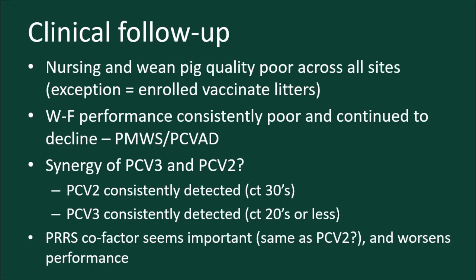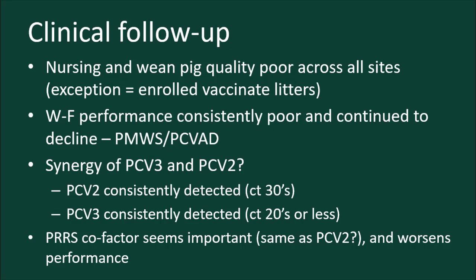So I question in these growing pigs if there is a synergy between PCV3 and PCV2. In these pigs, I consistently detected PCV2 in the CTs in the 30s. There were lesions typical of circovirus-associated disease, and also typical of what's been described for PCV3.